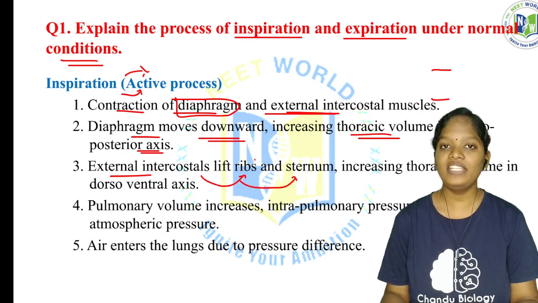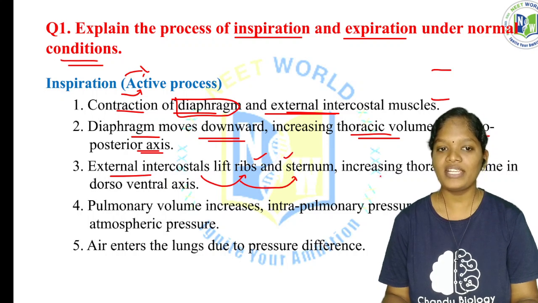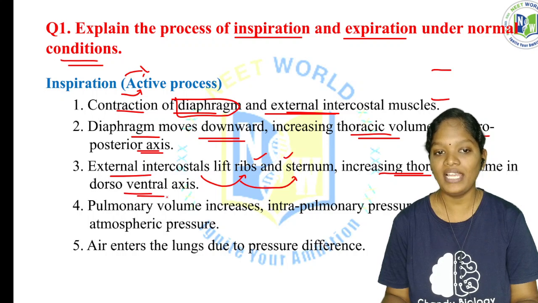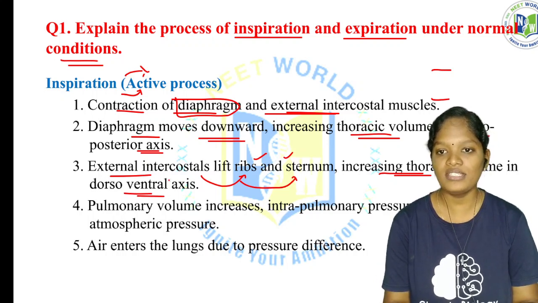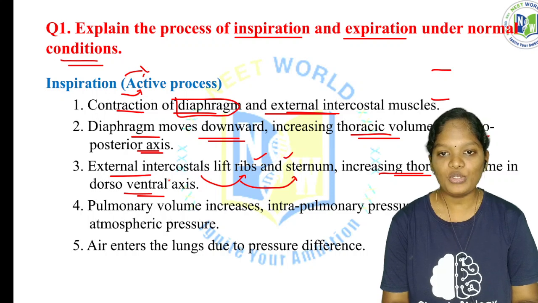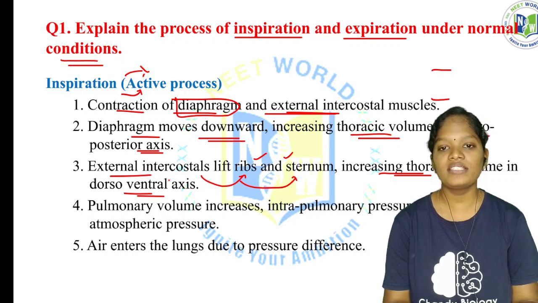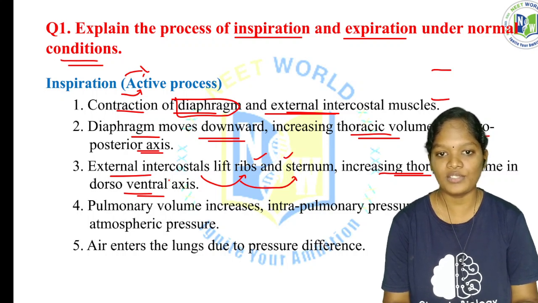As they lift the ribs and the sternum, the thoracic volume increases in the dorsoventral axis. Finally, the thoracic volume increases, with the involvement of the diaphragm as well as the external intercostal muscles.